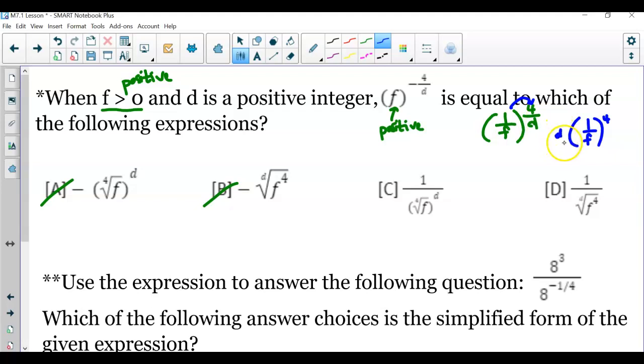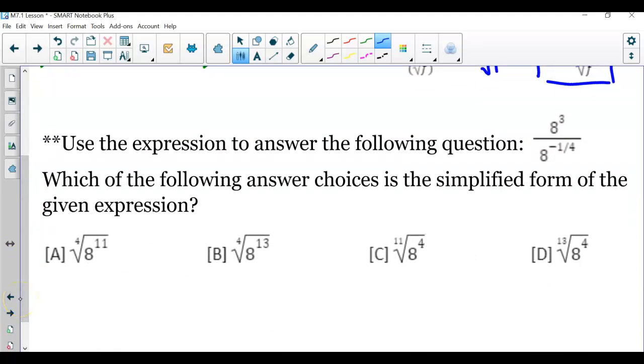So this is our d root here, which means really 1 to the 4th power, and no matter what the root is, it's going to stay as 1. So that's why we still have 1. However, f is still inside of that d radical and being raised to the 4th power. That's why the answer is D.